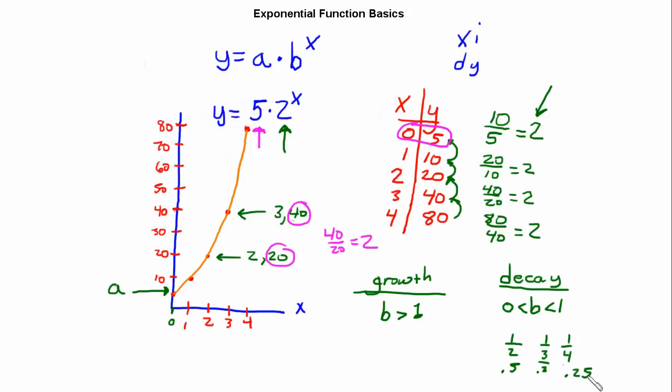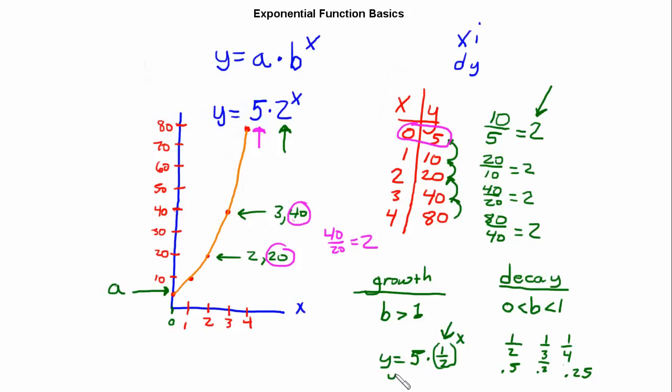Regardless of the way it's written, we could have y equals, for example, if we use this up here, 5 times 1/2 to the x. That's going to be decay because our b value right here is between 0 and 1.